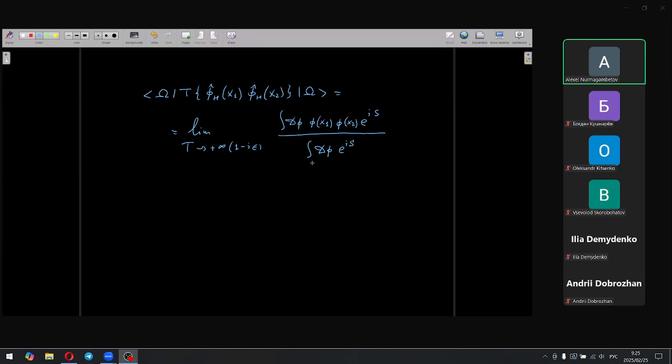Now, this combination is usually called the statistical sum sometimes, and S is equal to the integral from minus T to plus T over the four-dimensional volume of the classical Lagrangian density.